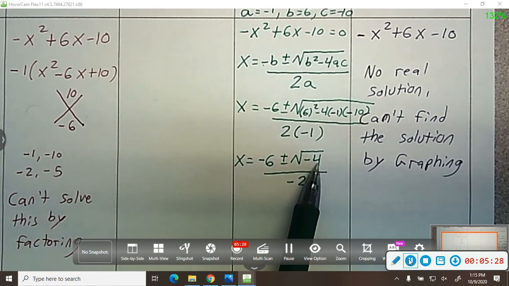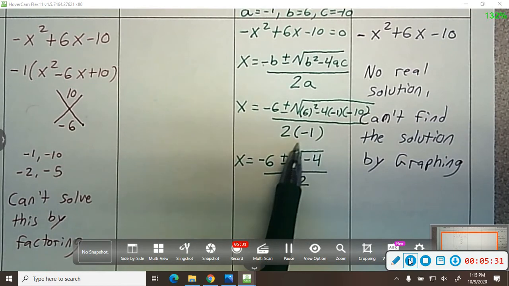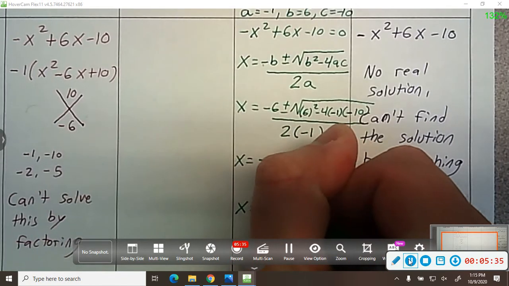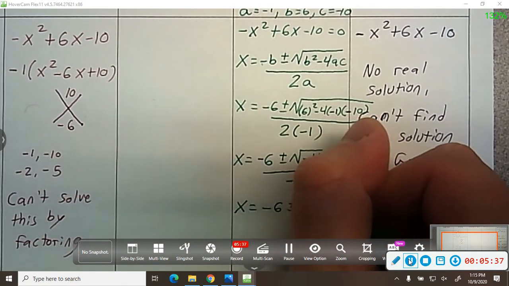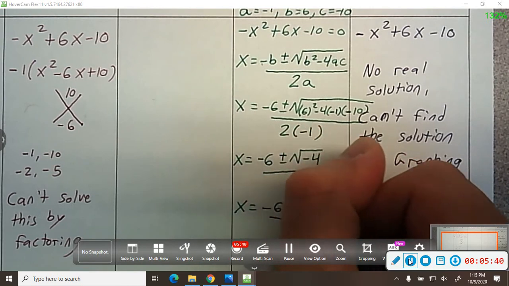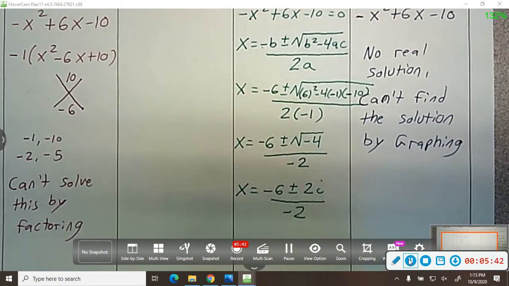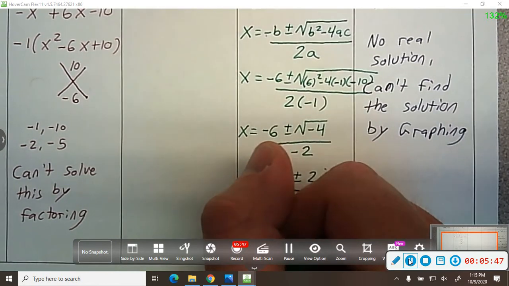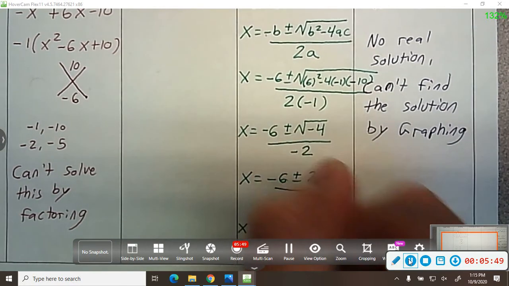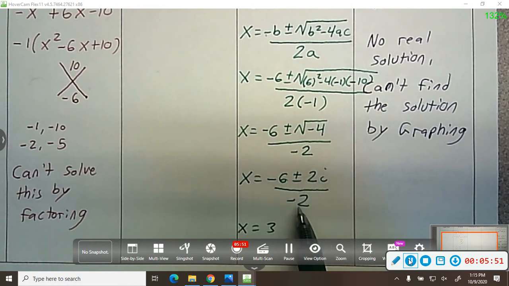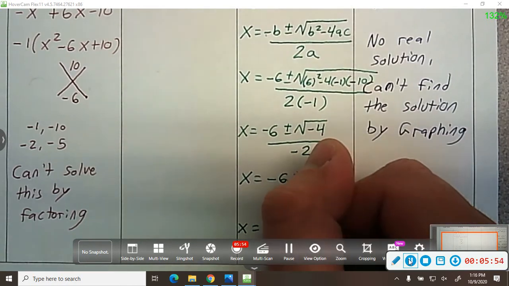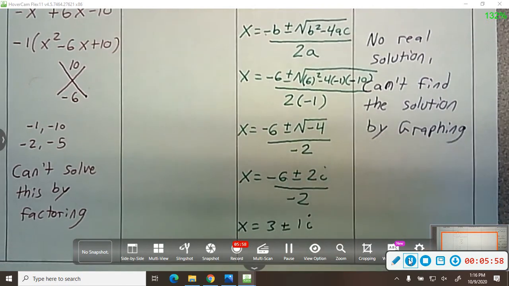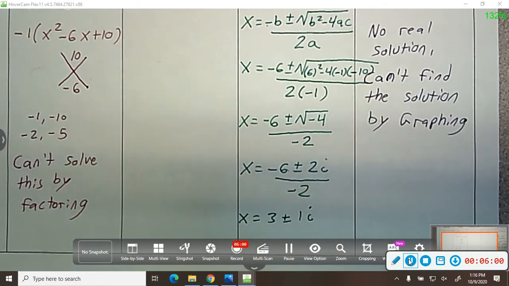And we know that the square root of 4 is 2. So I can replace this with 2i. Divide them all by negative 2. Negative 6 divided by negative 2 is 3, and then 2 divided by 2 is 1. So I got 3 plus or minus i, or 1i.